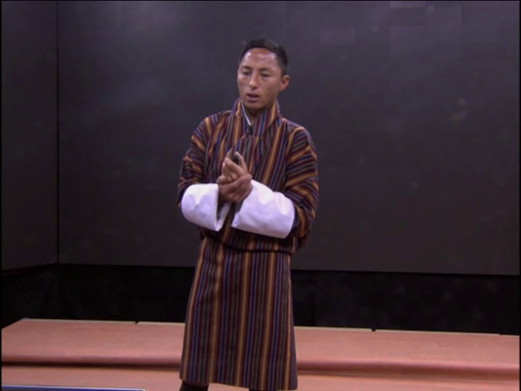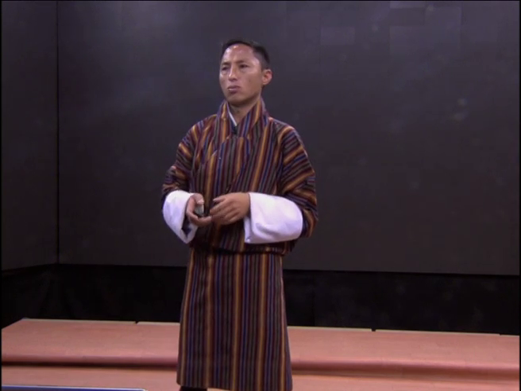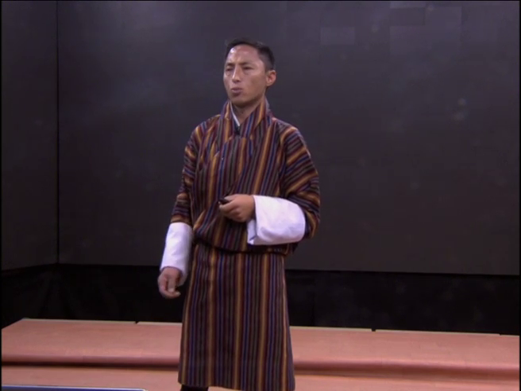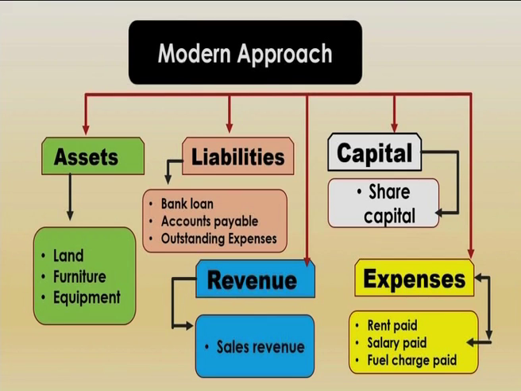Next one, the second approach is called the modern approach. If you look here, you can see in the modern approach, the accounts are broadly categorized into five types or five categories. They are assets, liabilities, capital, expenses and revenue. The modern approach, I think, has emerged because of the improvement in technology.